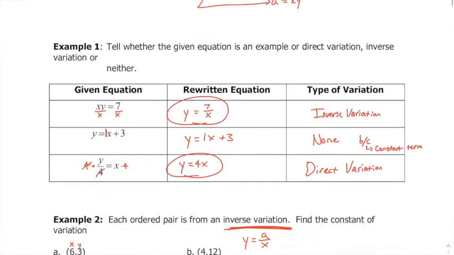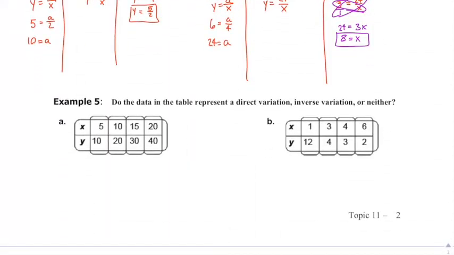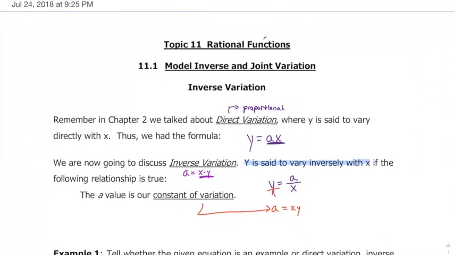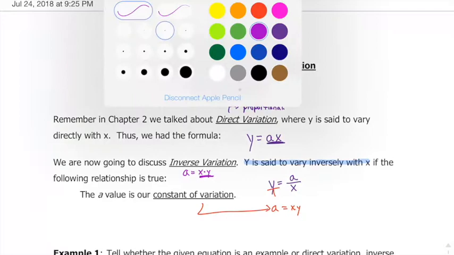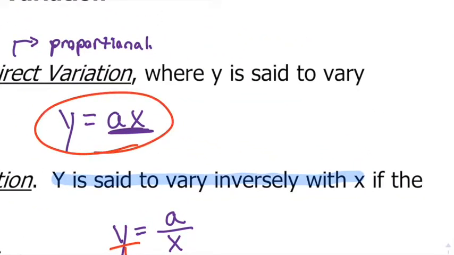Okay, and then what we're going to do is test and see if these products are the same. Is 5 times 10 the same thing as 10 times 20 or 15 times 30 or 20 times 40? Okay, and then if not, then we're going to see maybe if it's a direct variation type of relationship. So if you were to get your a by itself here, you would actually divide both sides by x.